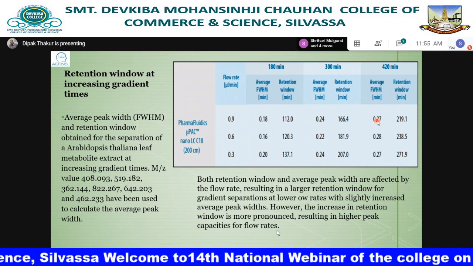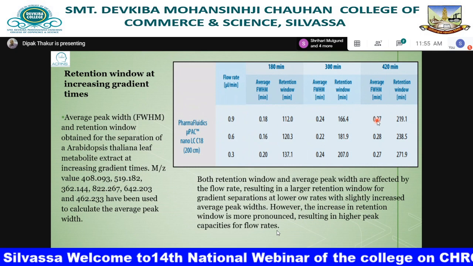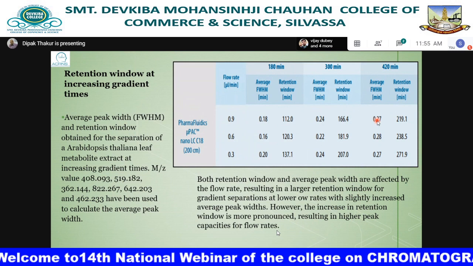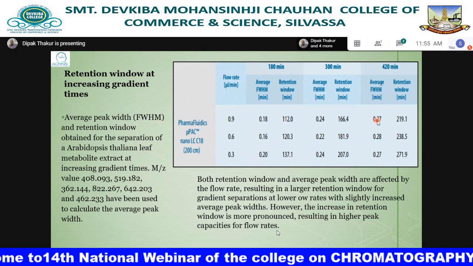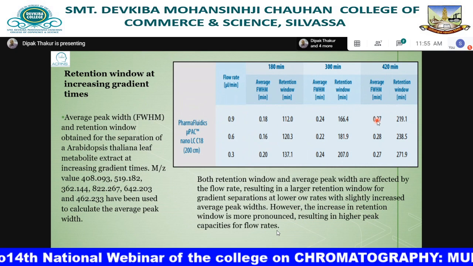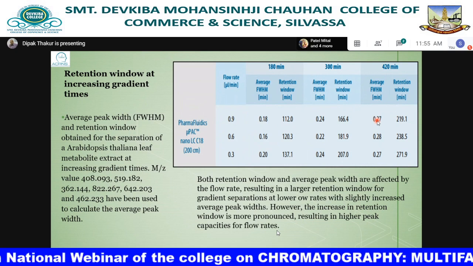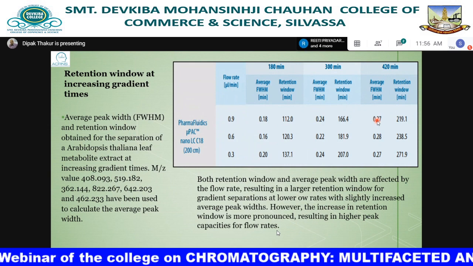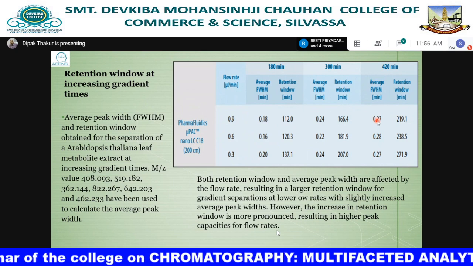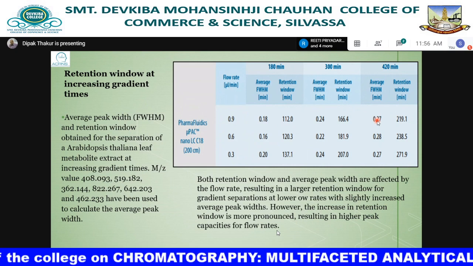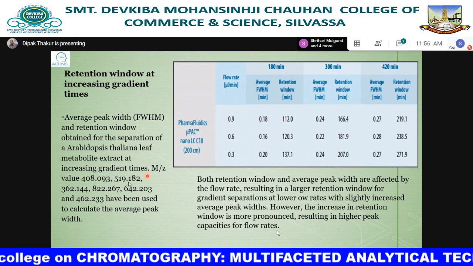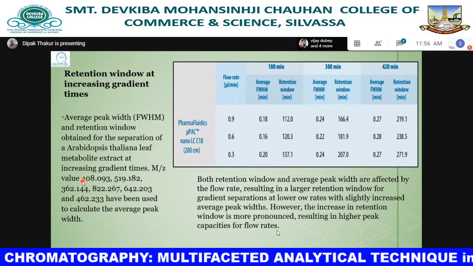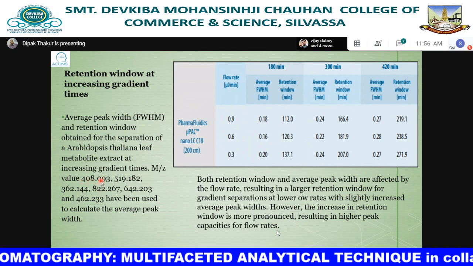It allows better ionization, because a longer gradient time combined with lower flow rates provides separation of compounds followed by detection of trace amounts of compounds. What you see on the left-hand side are the different metabolites whose mass-to-charge ratios are given here, 408, 590.